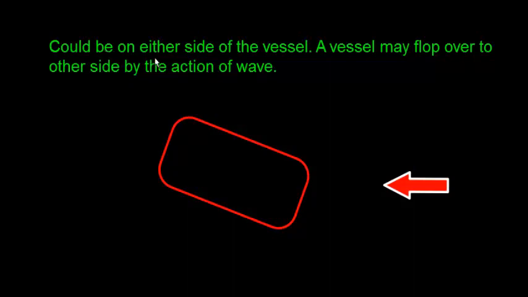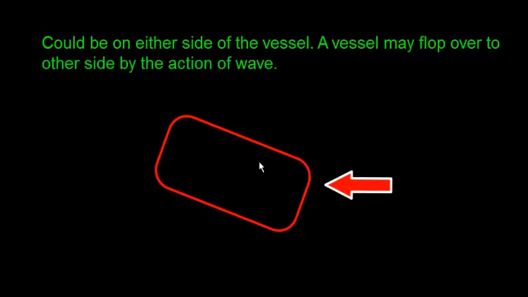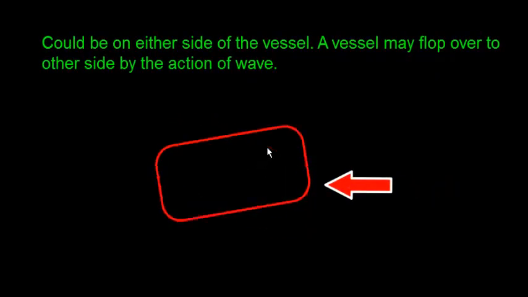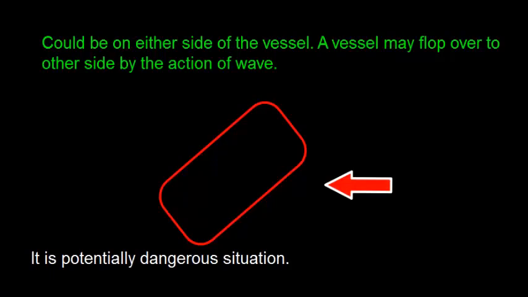Now you can see that the vessel can be lolled on either side, and the vessel may flop over to the other side by the action of waves. Say for example, the vessel is lolled like this and a wave comes like this, so the vessel will loll like this to the other side. It is really a dangerous situation.